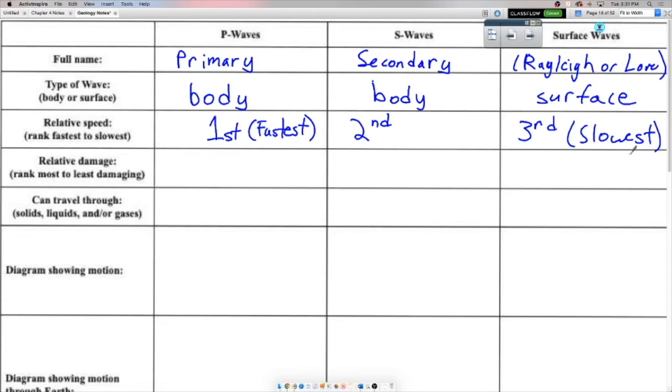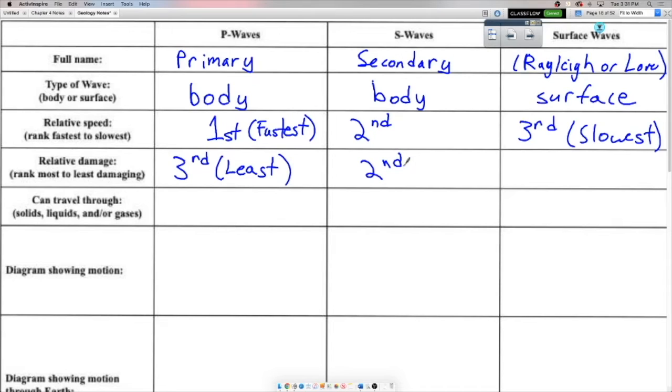Then it asks us to rank them from most damaging to least damaging. Now we kind of got lucky with this, that earthquakes work this way, because turns out the first ones to arrive are the least damaging. Okay, and then the second ones to arrive, they're the second most damaging. Why did I say we kind of got lucky with this?